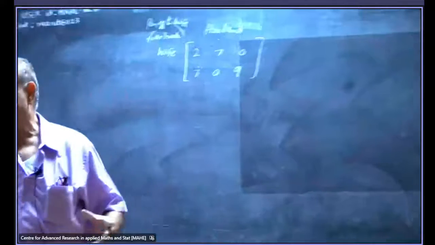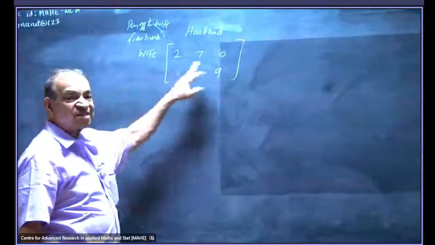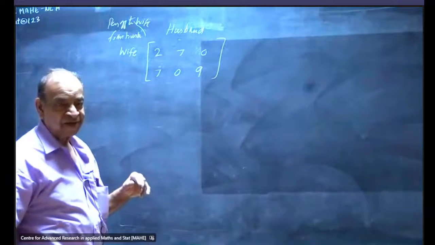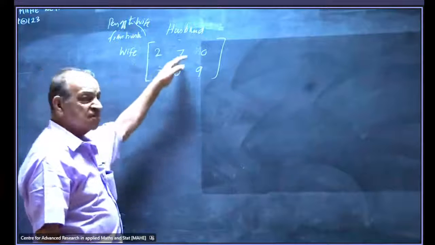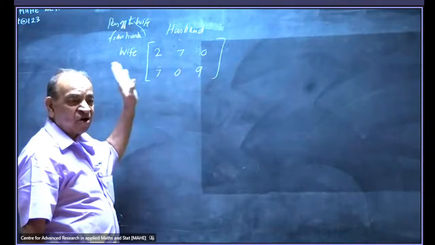What is this game? The wife chooses the first row or the second row. She will not tell which row she is choosing. The husband chooses the first column, second column, or third column. He won't tell which column he is choosing.